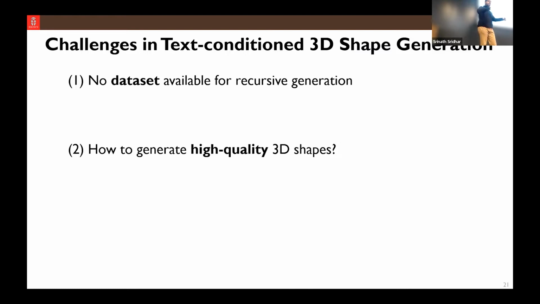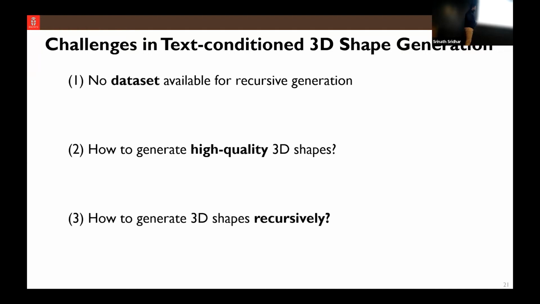So things like armrests, legs, slats, and so on and so forth. So we want a shape representation that can faithfully model these small scale details. And then finally, we want to build a model that retains this notion of history, that it has some kind of memory of where we started and how we want to modify this shape. So these are the three challenges.